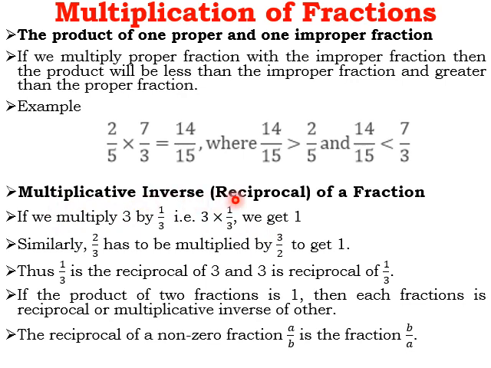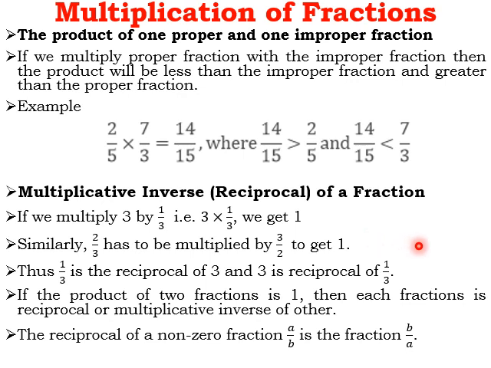Multiplicative inverse or reciprocal of a fraction. See, in simple words, reciprocal means just the value should be divided by 1. See here, if we multiply 3 by 1 by 3, that is 3 into 1 by 3, what we get? We get 1. Similarly, 2 by 3 has to be multiplied by 3 by 2 to get 1.